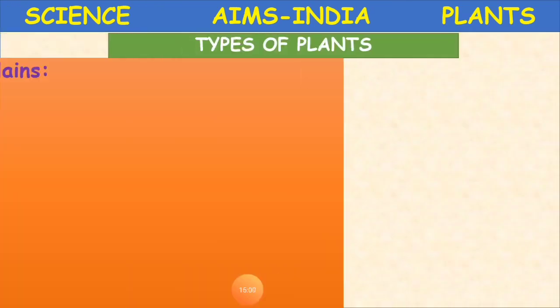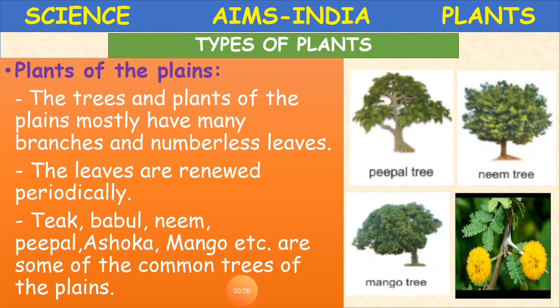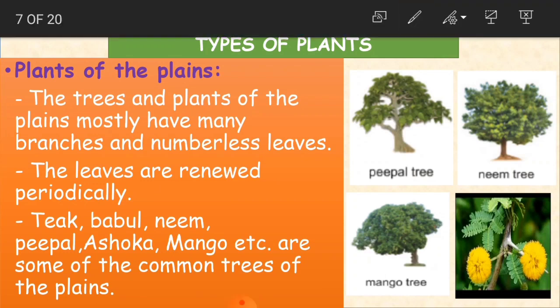Now, the other type of plants. Children, what are plains? Plains are flat surface land areas, where we can see rivers or mountains. Wherever you have a flat surface land area, you call it plains.